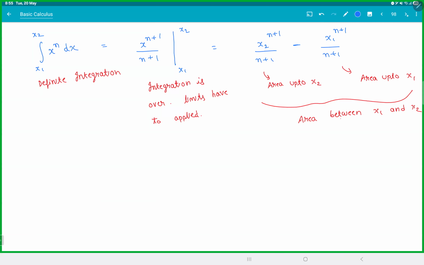Maximum integrations, this is the thing which will integrate 60 to 70% of the time. Clear with this?